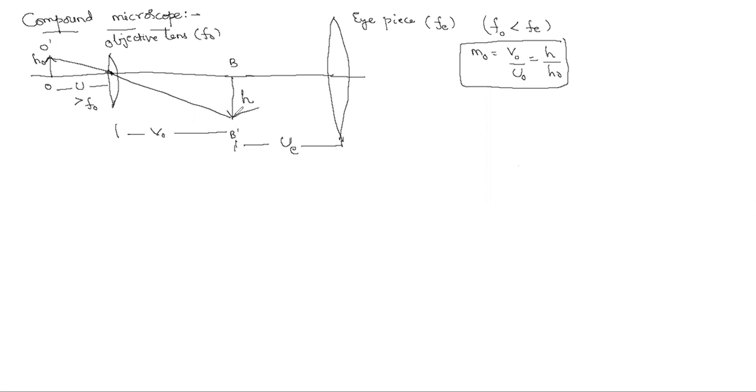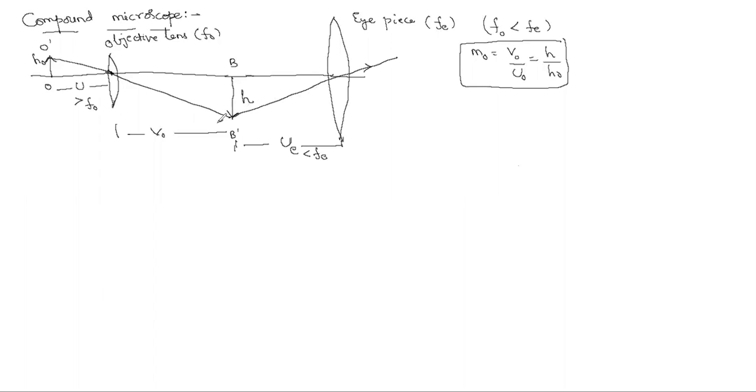The light rays coming from this object finally come here. In the microscope, the final image should be formed on the same side, which means UE is less than FE, not greater. Less means the image will be formed on the same side.